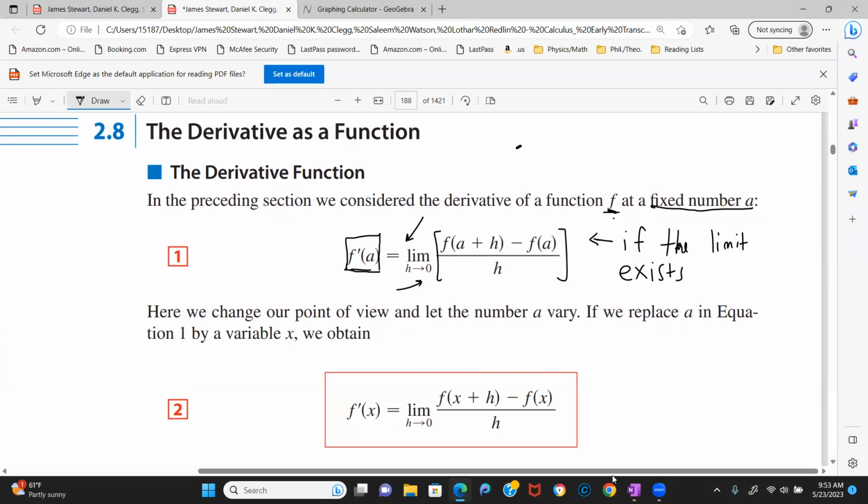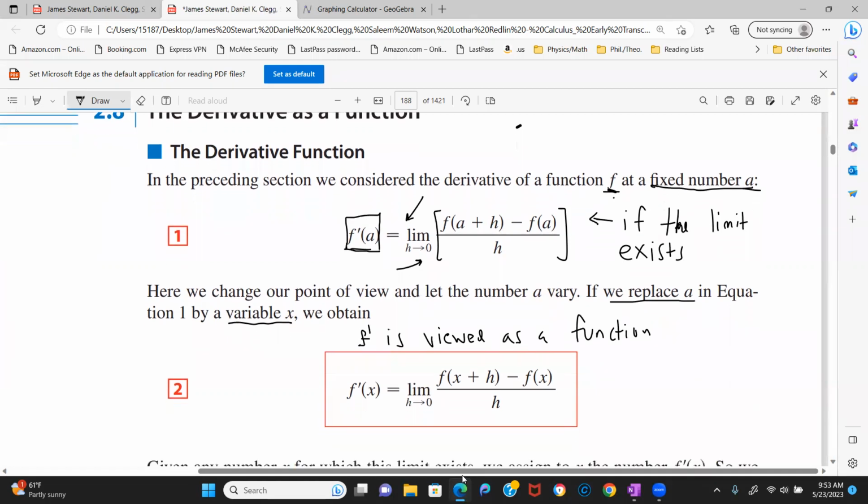But now, instead of a being some fixed number, we're going to replace a by a variable x. And so now f prime is going to be a function, and it's basically the same form.